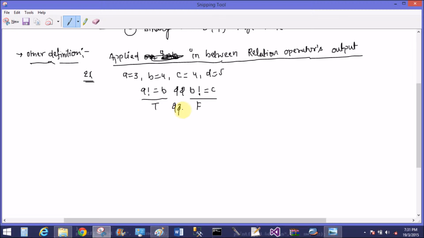True and false, double and operator gives false as output, because in the case of double and operator all values must be true for true as output. So the output of this question is false.